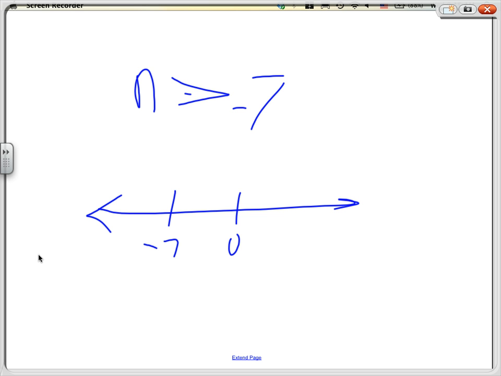So you know all those numbers are actually on the right-hand side. So all you have to do is draw a line going that way, which matches up to our symbol. And then you tell me right here, can -7 be greater than -7? Yes or no? No. So in that case, do we include or do not include? And there it is. Do not include. Does it make sense?